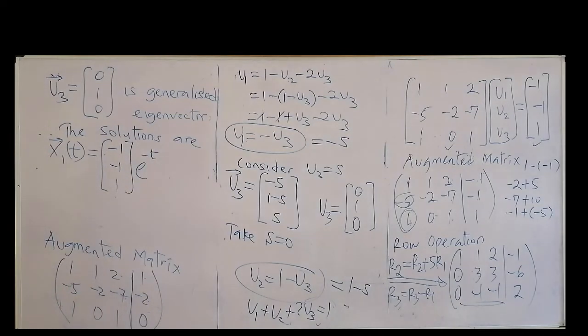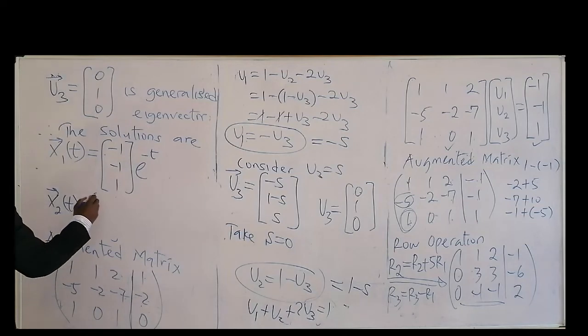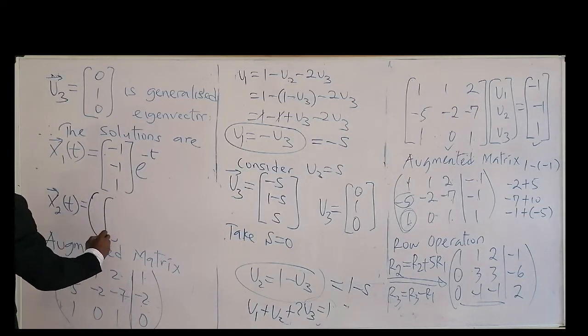Okay? The second solution is equal to, don't forget the formula, that will be U1, open your brackets, the vector, the first one, which is what? Minus 1, minus 1, 1.